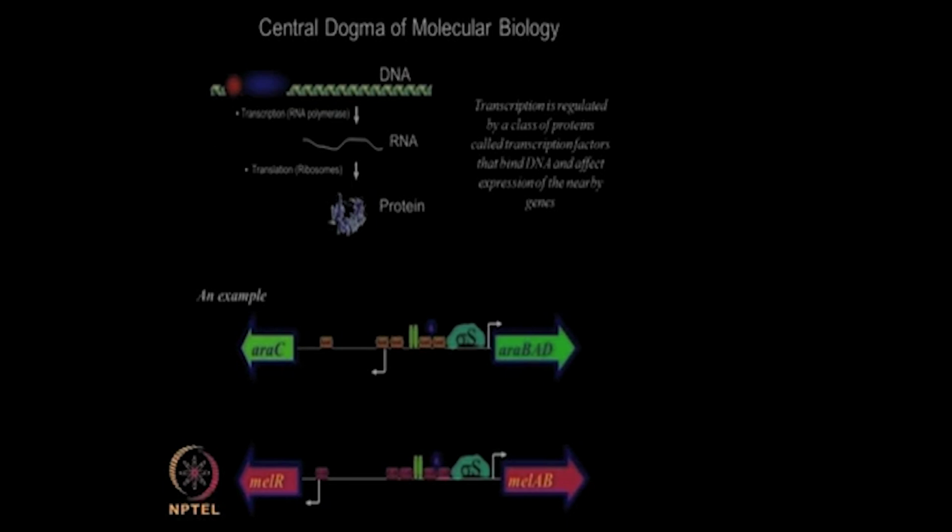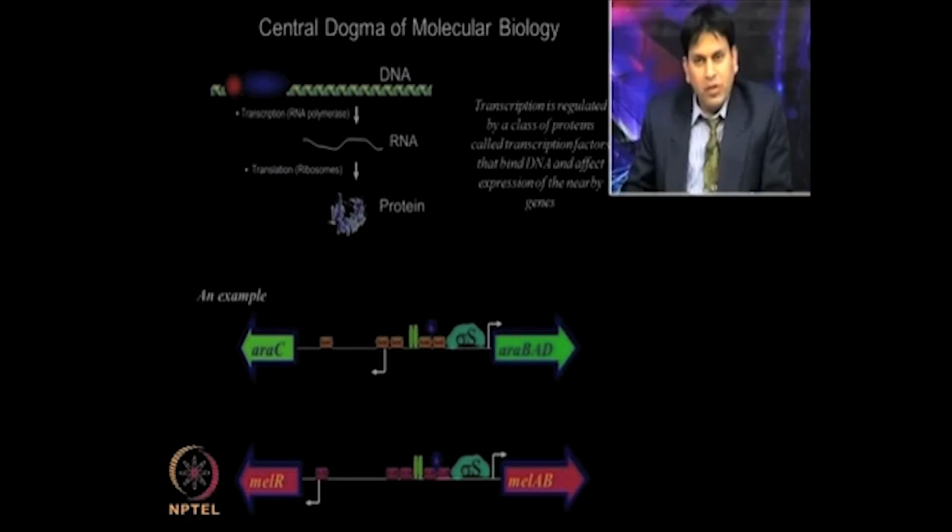And RNA can give rise to protein through the process of translation with the help of the ribosomes. Now, in this process, some of the proteins which are produced can be classified as transcription factors which bind to the DNA, and some others are classified as RNA binding proteins which can bind to the RNA and control the expression at the post-transcription level, as opposed to the transcription level where transcription factors bind to the DNA.